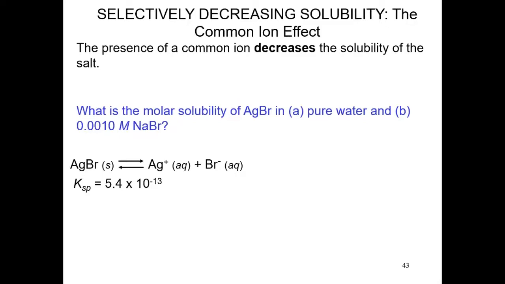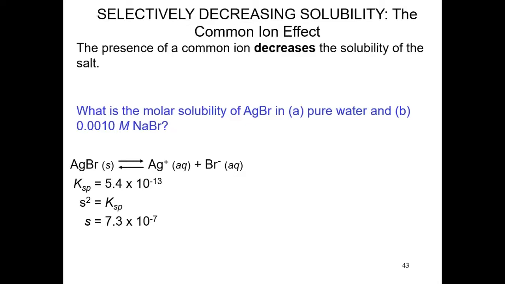And because Ksp is the product of the ion concentrations, and the ion concentrations are given by the molar solubility, or S, this should be S squared, right? And therefore, S should be the square root of Ksp, which is 7.3 times 10 to the minus 7.